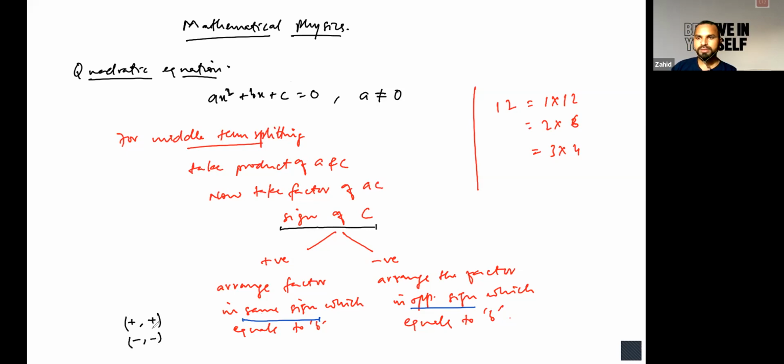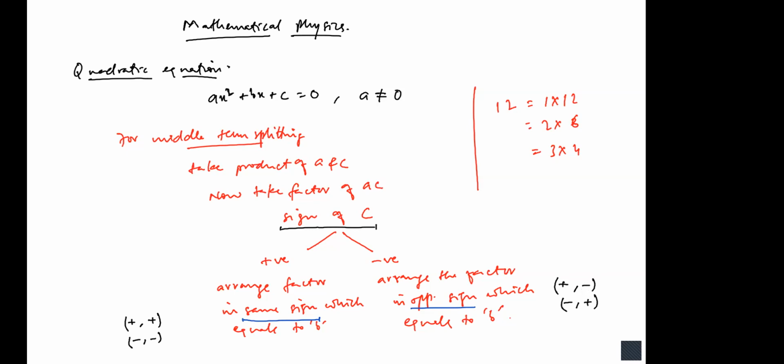For same sign, we add 2 different expressions which equal the middle term according to the sign of C. Similarly, if C is negative, arrange the factors of AC in opposite sign. Opposite sign means one may be positive, the other negative, or one may be negative, the other positive. So you have to subtract the factors of AC which equal the middle term B. Is it clear? Yes, sir.